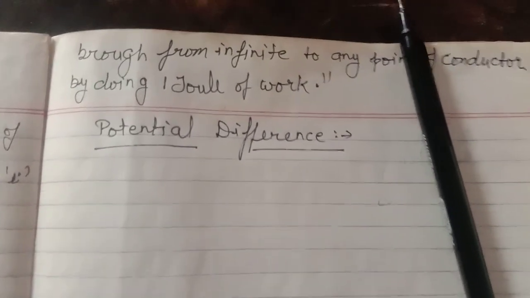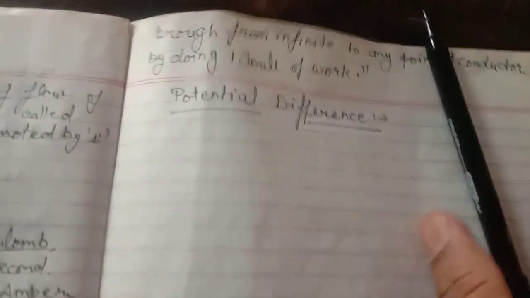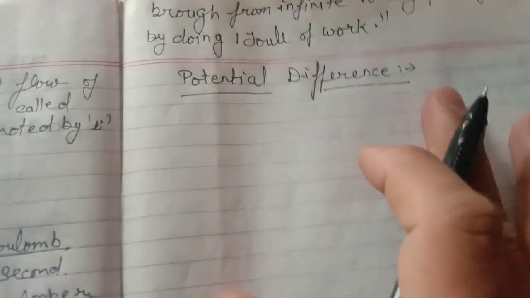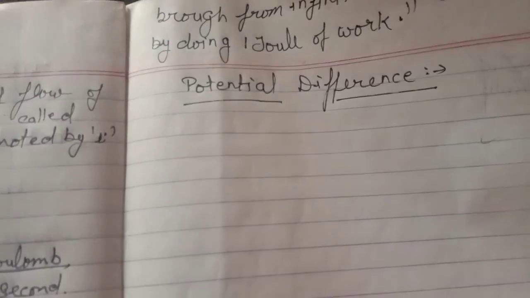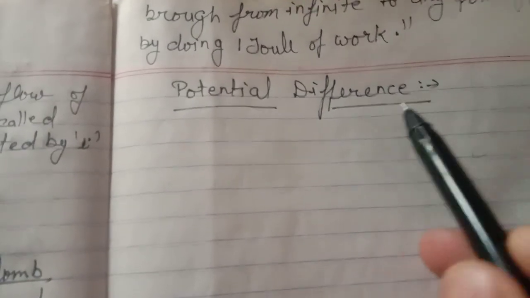In physics we always consider infinity, but actually we don't know the limit of infinity, so that we have to be restricted. For this, potential difference is used.